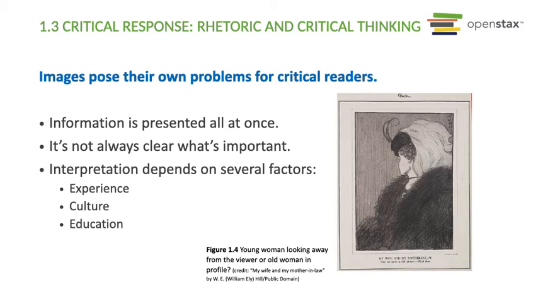Now, when we read an image, information is presented all at once. It's not always clear to us what's important, and it takes a little bit of time to scan the whole image and figure out what's important. Our interpretation of what's important depends on several factors: our experience, our culture, and our education.